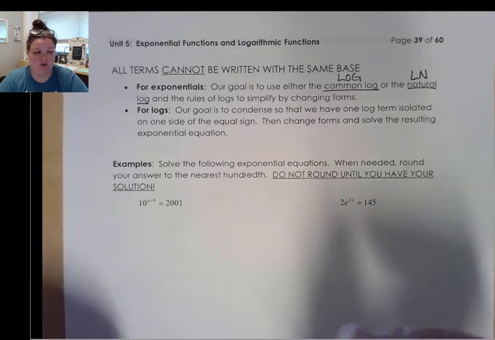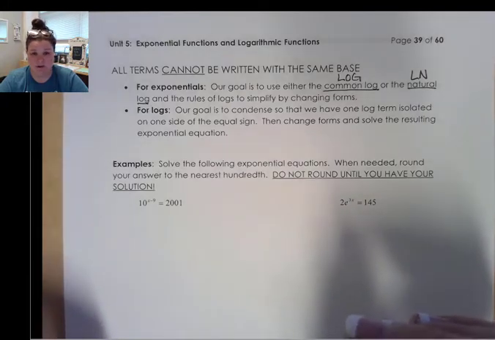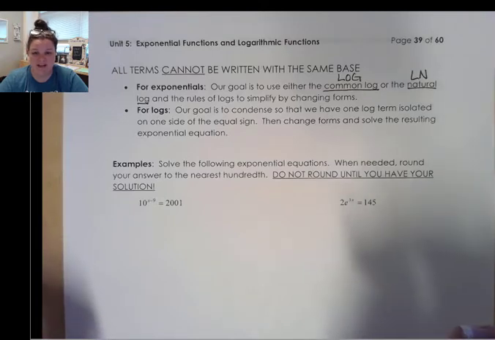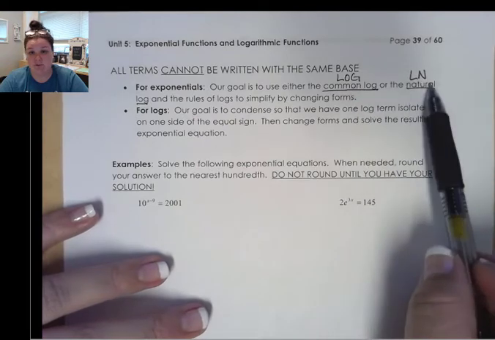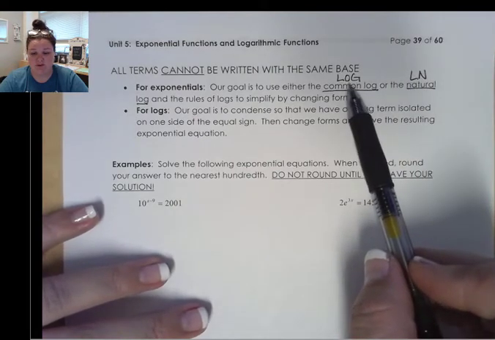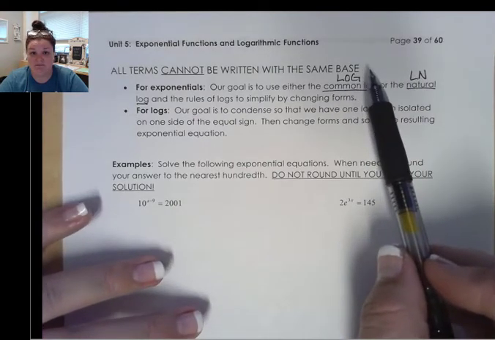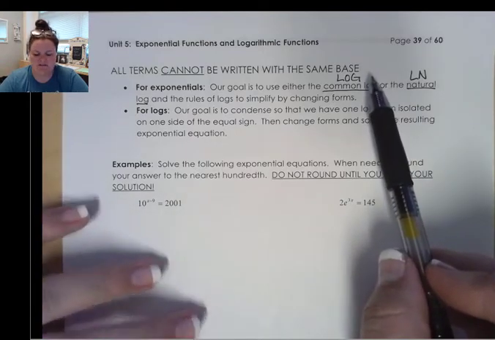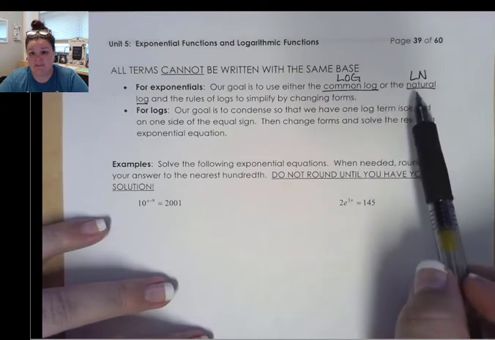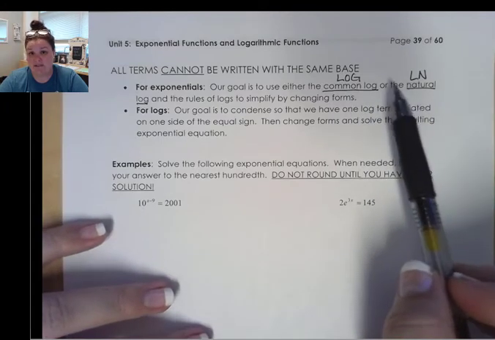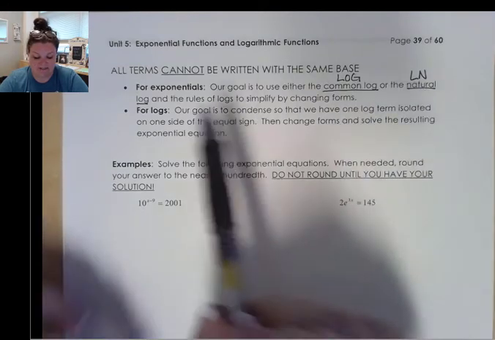I'll show you what that looks like in just a minute. Hopefully we can do some easy ones and get some practice knowing which one might best suit the problem we're working on, right? If we see a 10 or some multiple of 10, we may want to use the log. If we see an e, then we're probably going to want to use ln, right? Okay, so that's for exponentials.